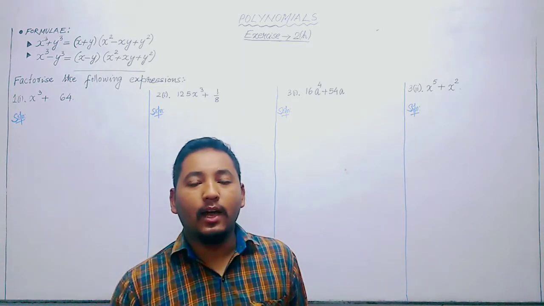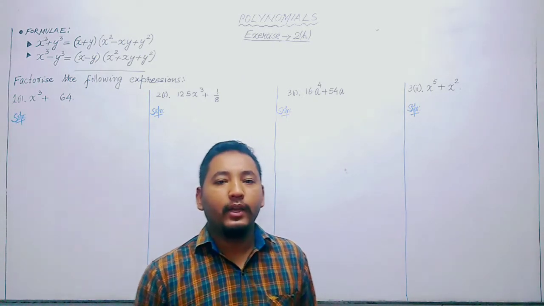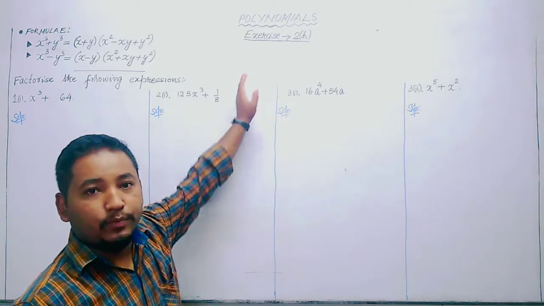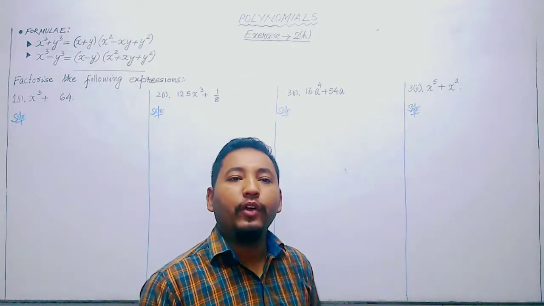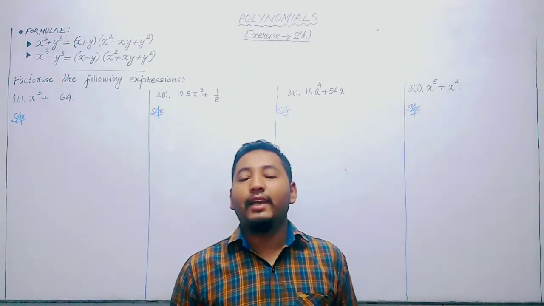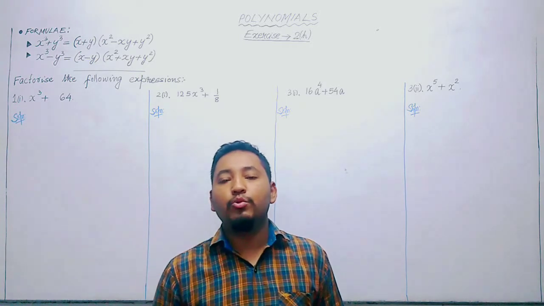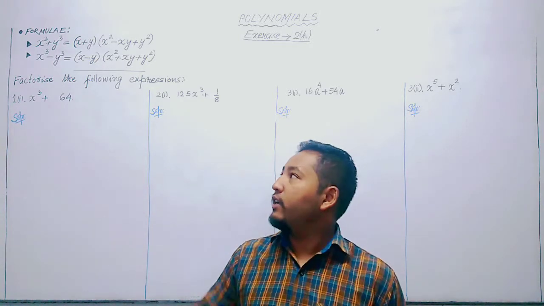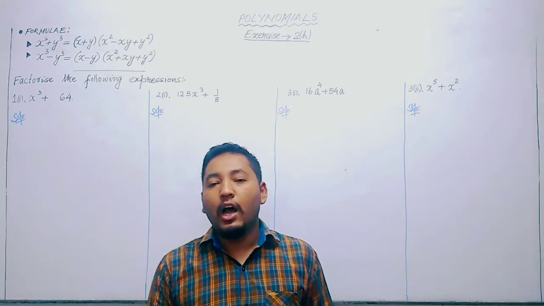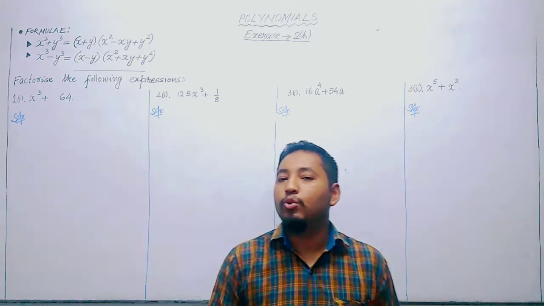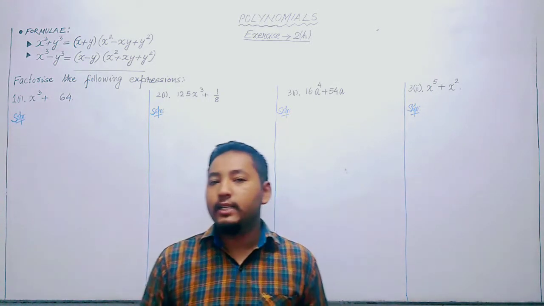Now, in today's class, we shall be learning from exercise 2H. In our previous video, we have seen some of the basic and important identities used to factorize the given algebraic expression. In this exercise also, we have two more important identities.